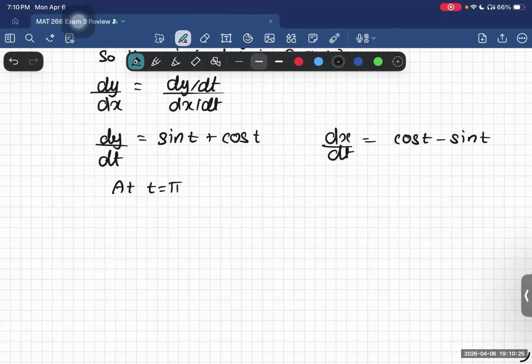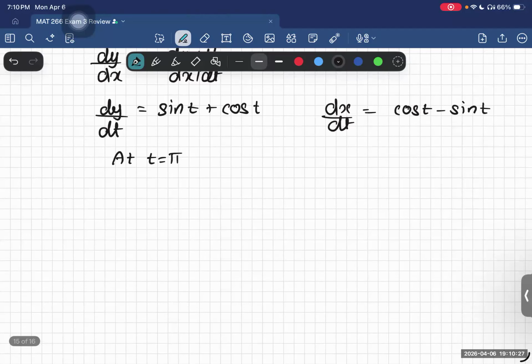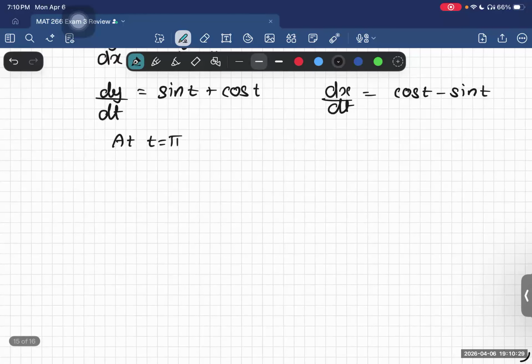At t equal to pi, let's see, dy/dt is equal to sine pi plus cosine pi. So we will have sine of pi was 0, and this was, oh, this was my bad.